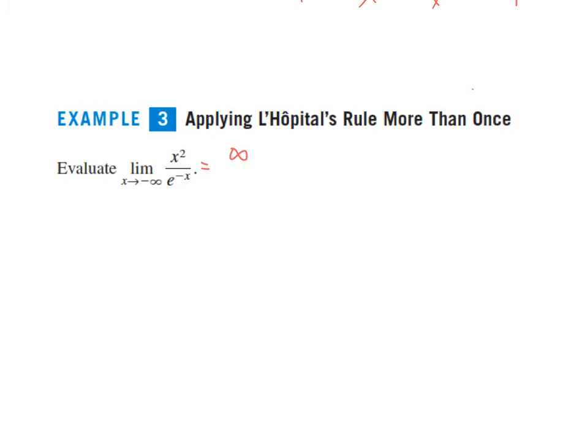What happens when we plug in negative a million into here? We have e to the negative a million. Well, that's a power of a million, positive a million. That's going to another huge number. All right, so we need L'Hopital's rule. All right, L'Hopital's rule is going to be applied here.